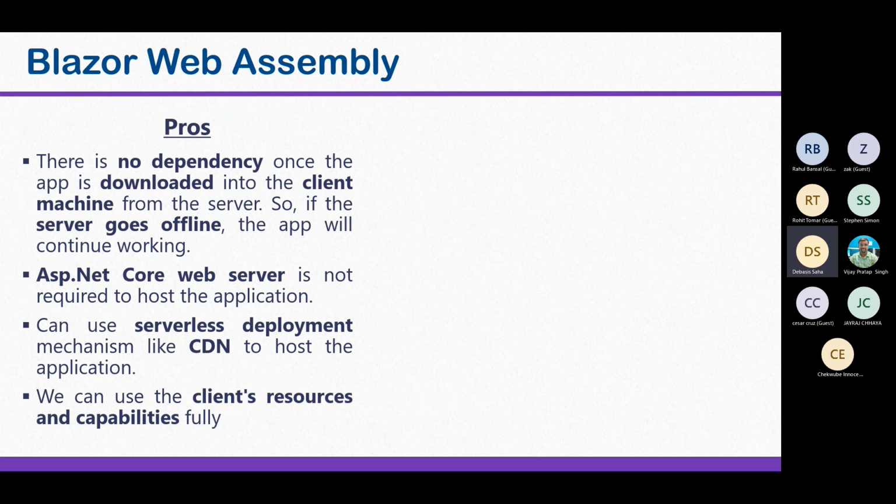Then only will this application work properly. So this is one of the dependencies we require on the client machine: whenever the client is going to use the application, their browser must be capable or up to date as per the requirement. Otherwise, the application will not work properly.